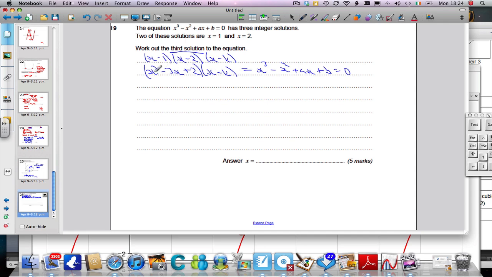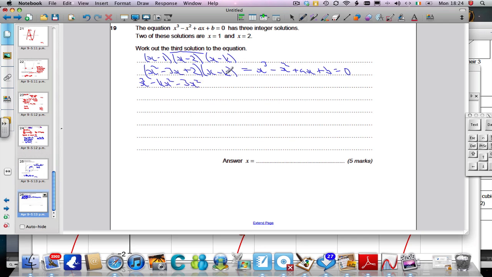Let's just expand this out. If I expand this out, I should be able to equate coefficients. Let's see what happens. x squared times x gives me x cubed. x squared times minus k is minus k x squared. Minus 3x times x is minus 3x squared.